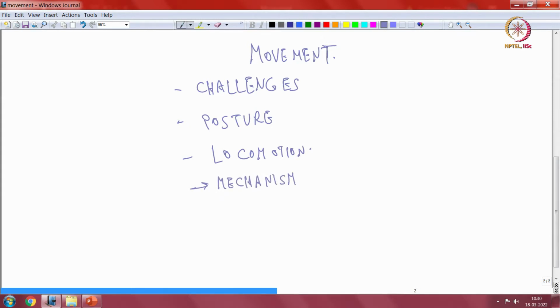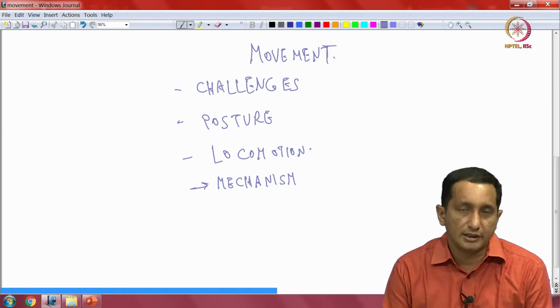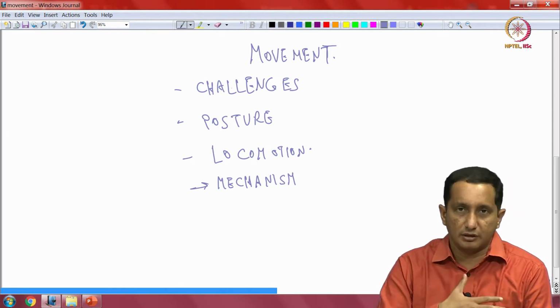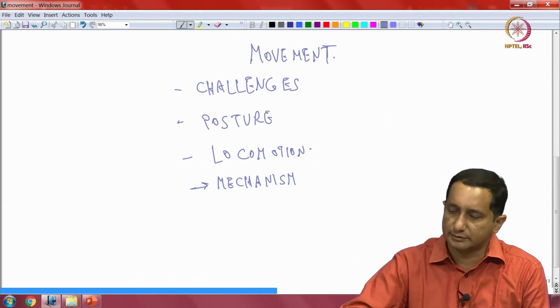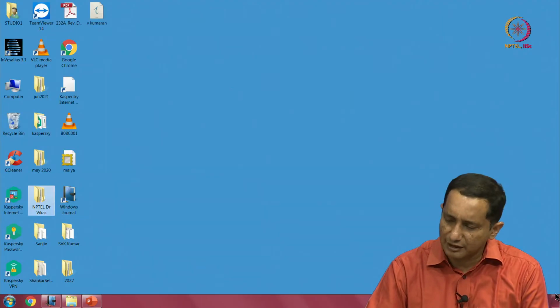So, what are the challenges involved in generating purposeful movement? What is meant by posture, what is meant by locomotion, and what are the known mechanisms of all these control systems? I will start out with challenges.